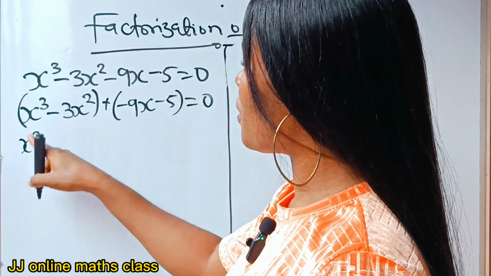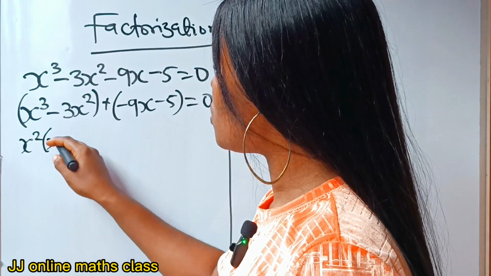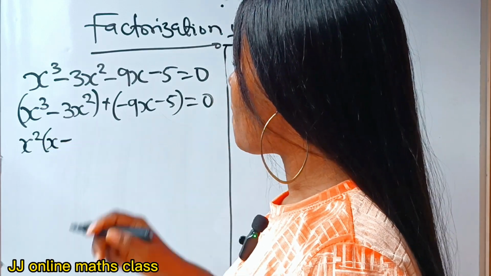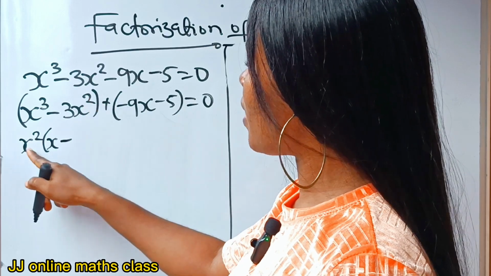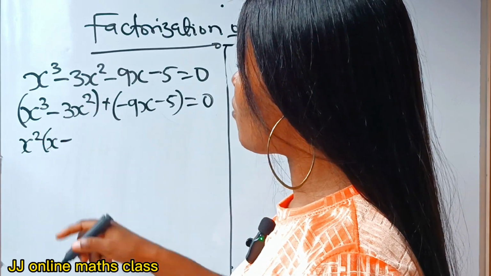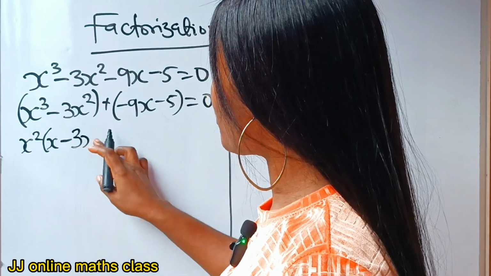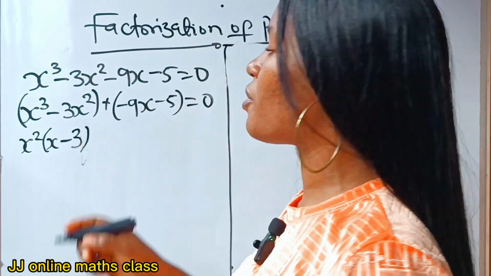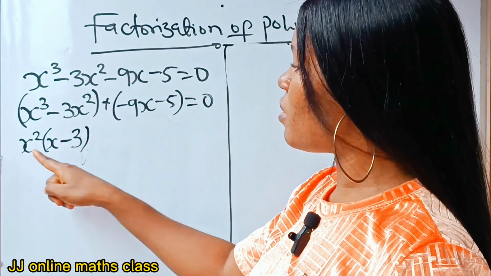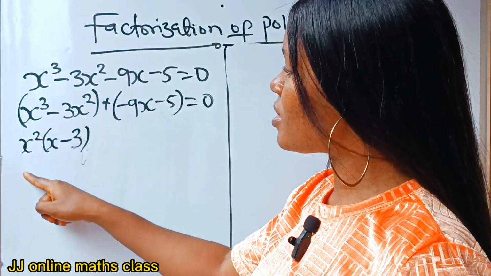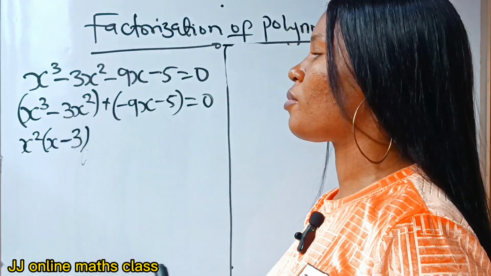Now x to the power of 3 divided by x squared, you will have x. Minus 3x squared divided by x squared, x squared will cancel x squared. You are left with only minus 3.